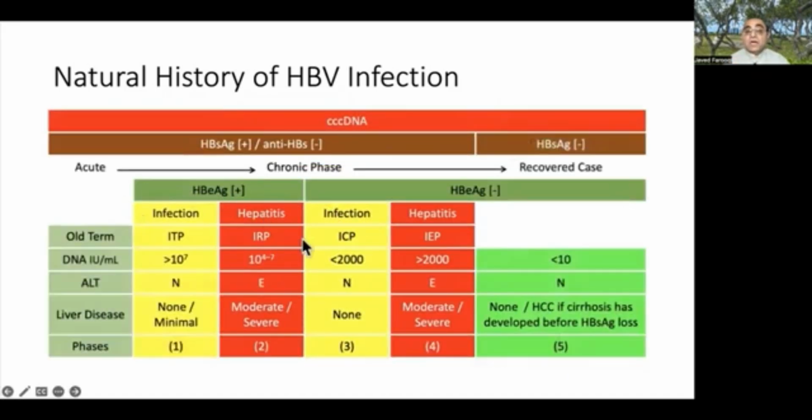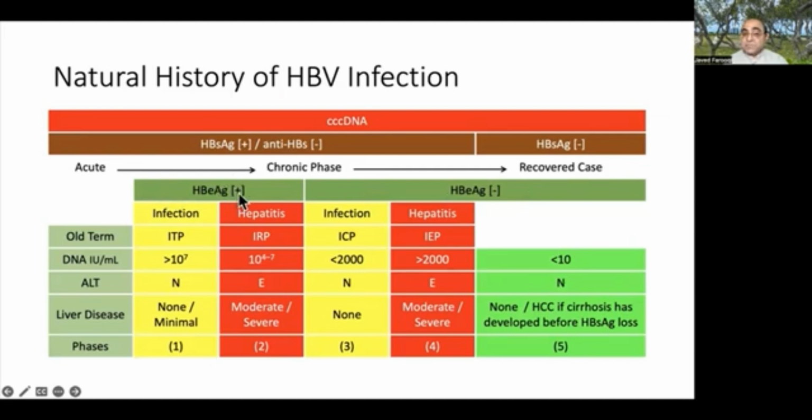So again, we can redefine that the hepatitis B infection is the cccDNA infection of the hepatocytes, and then this whole infection can be divided into 2 phases: HBs antigen positive phase and HBs antigen negative phase. And of course, we can divide this into acute, chronic, and recovered phase.